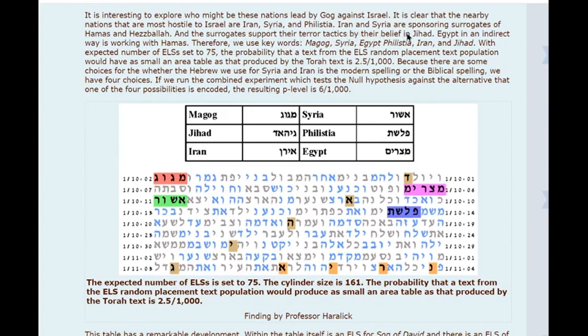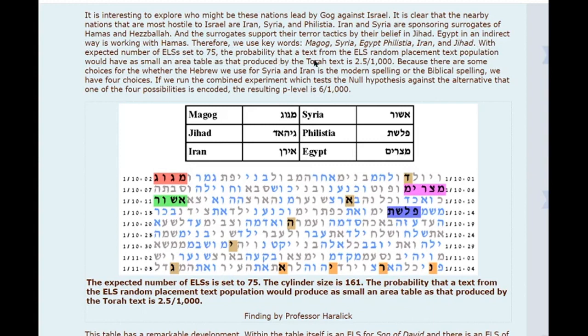Iran and Syria are sponsoring surrogates, Hamas and Hezbollah, and the surrogates use terror tactics supported by the belief in jihad. Egypt, in a different way, is working with Hamas. Therefore, we use the keywords Magog, Syria, Egypt, Philistia, Iran, and jihad with the expected number of ELS set to 75.